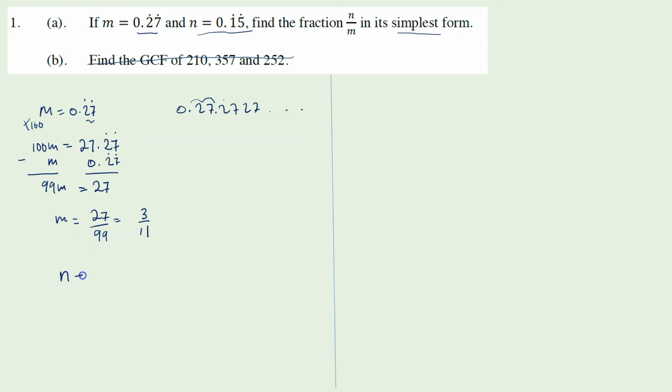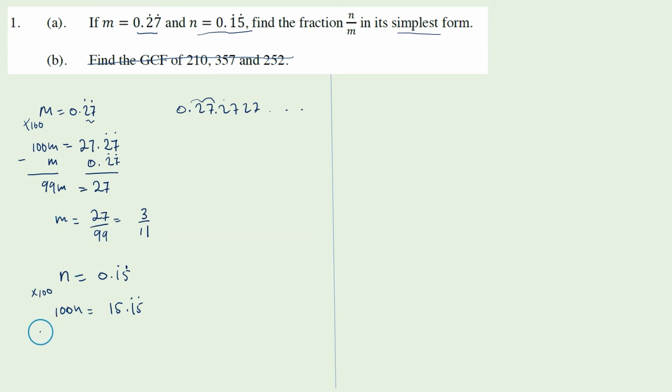Okay, so that's m, and then let's convert n. n is equal to 0.15 recurring. So similarly, we need to multiply this by 100 because we've got two numbers that are recurring. So times 100 both sides, then we got 100n is equal to 15.15 recurring. And now we're going to subtract n.